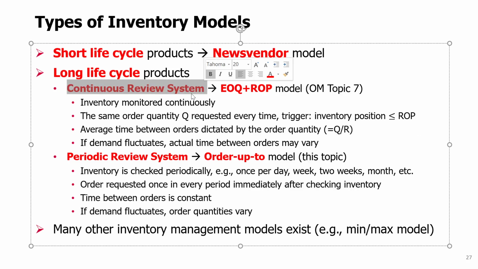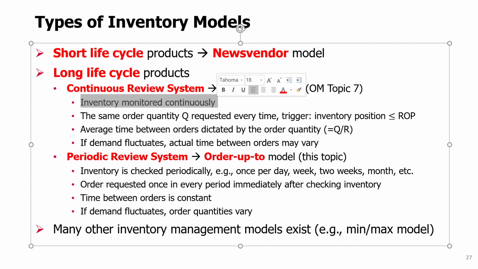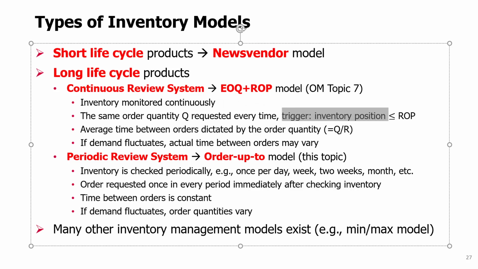When we have a continuous review system, inventory is monitored continuously, and we always order the same quantity, but at different times, and the time depends on the trigger. The trigger is the inventory position: when the inventory position is below or equal to the ROP value, the reorder point value.